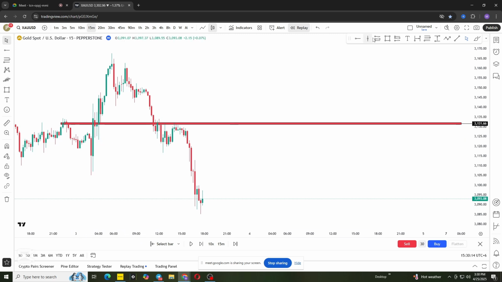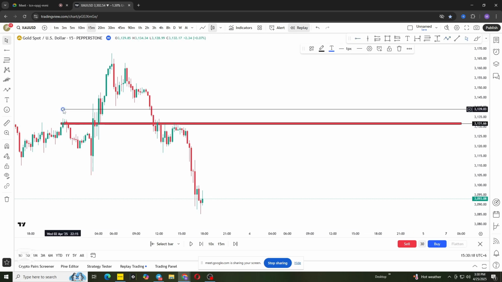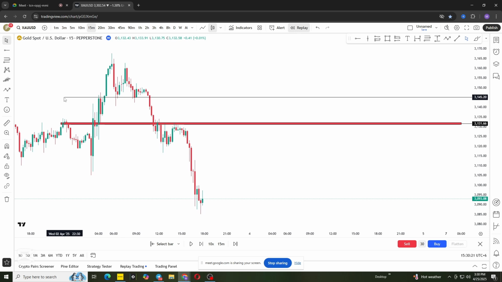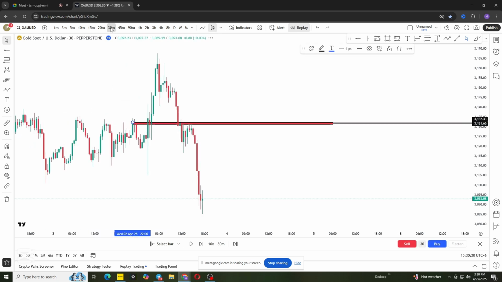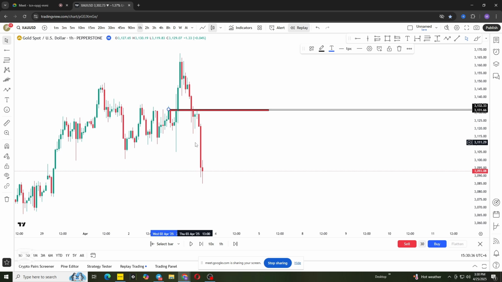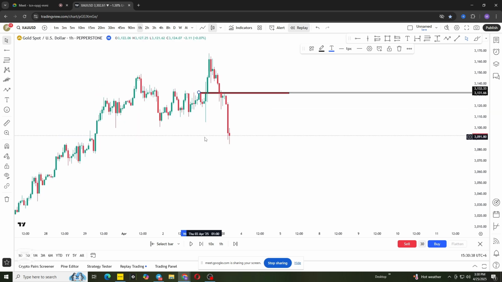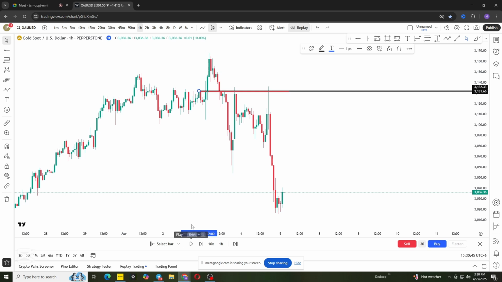So what's going to happen? Sometimes you will see the line you draw in H1, sometimes it will be here, sometimes here. In those cases we are not going to count it as a strong QM, okay? But if you see the same thing, that the 15-minute is giving you the same QM area, and the 30-minute is giving the same QM area, and H1 is also giving you the same QM area, these are the types of QM that would work very best, okay? Like the thing that happened here, you understand?